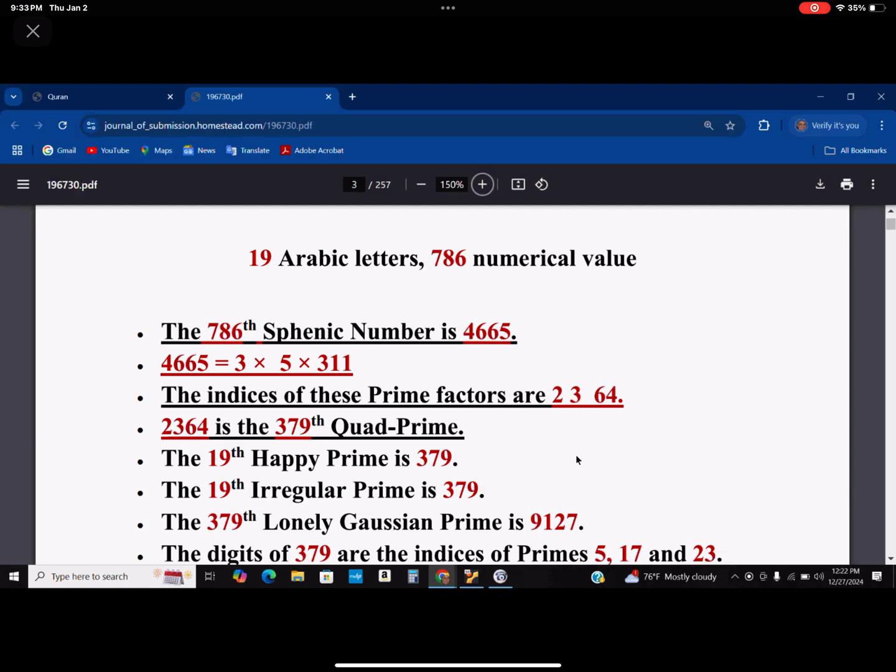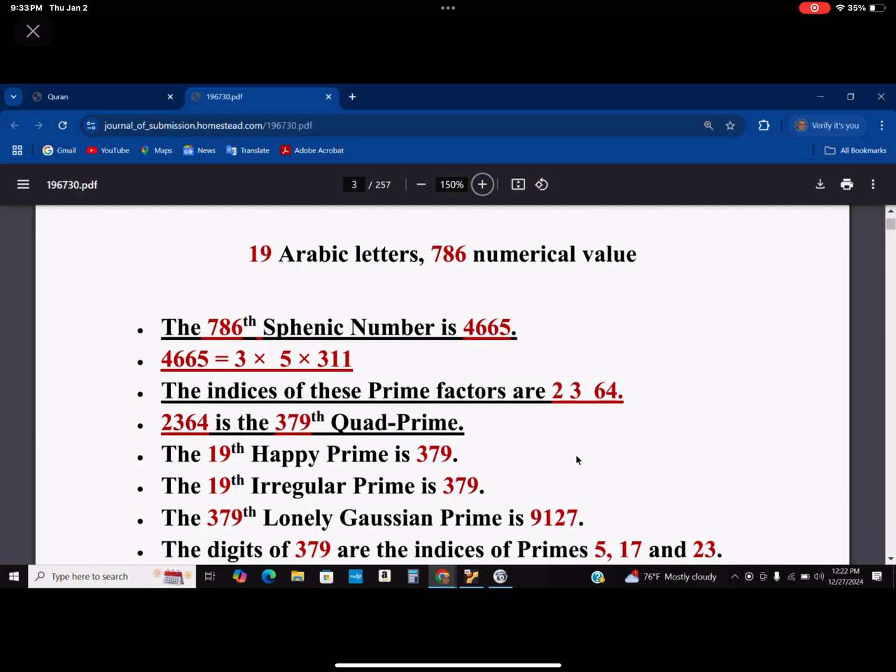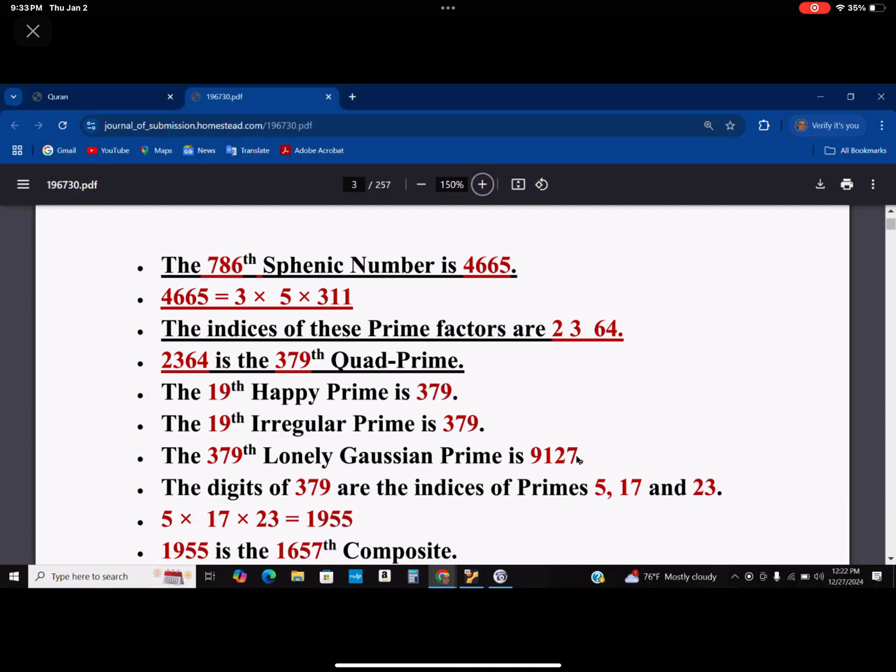So here, the digits of 379 are the indices of prime numbers 5, 17, and 23. 5 times 17 times 23 is 1955.